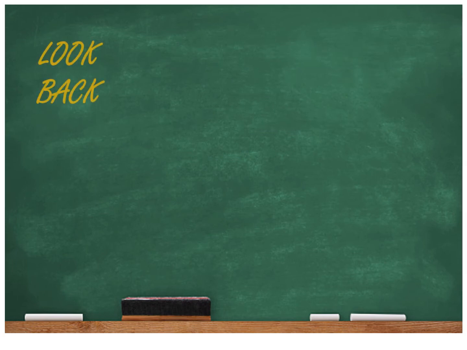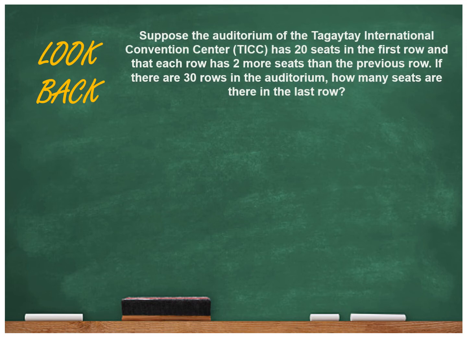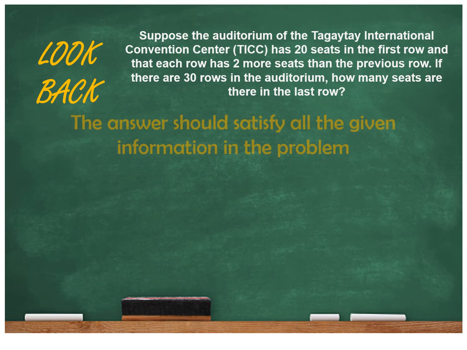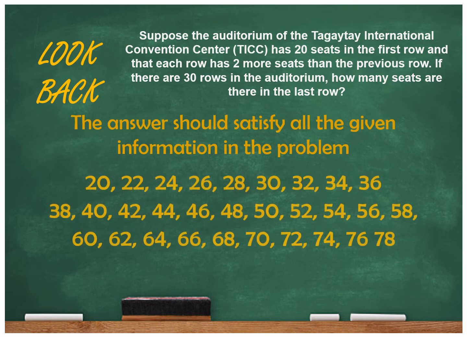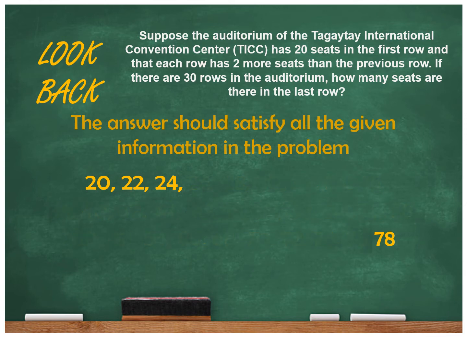Now if we are going to look back, this is the checking part. We will see if the answer satisfies all the given information in the problem. If we enumerate or list down the number of seats per row and see if the 30th row is 78, this will happen.